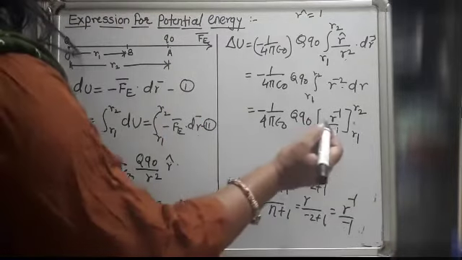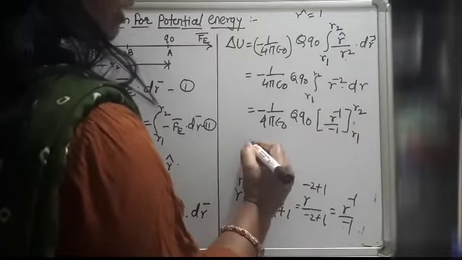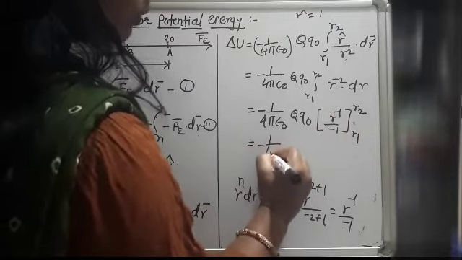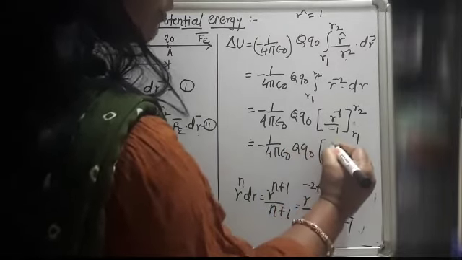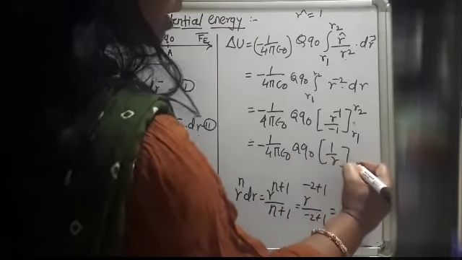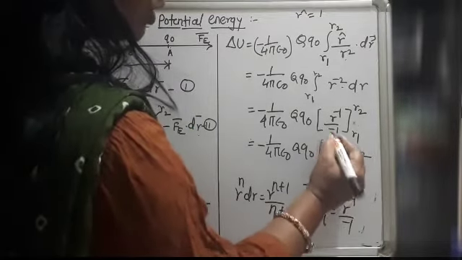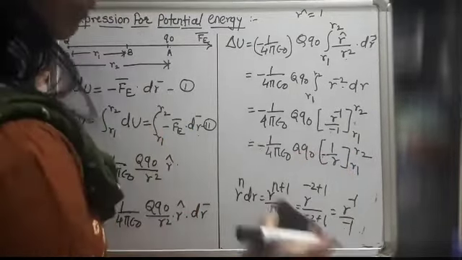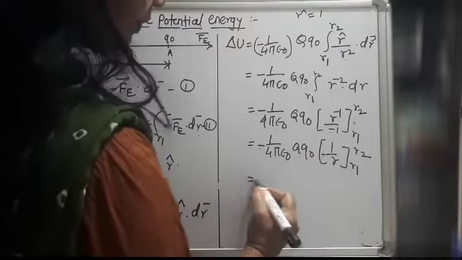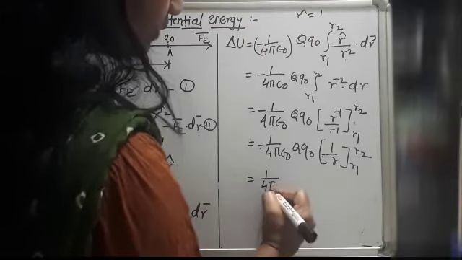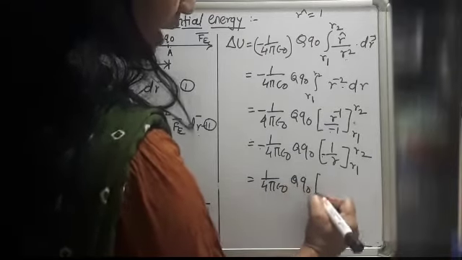Here r raised to minus 1 can be written as 1 upon r, and the minus sign, because minus minus becomes positive, gives 1 upon 4 pi epsilon 0 q q0.